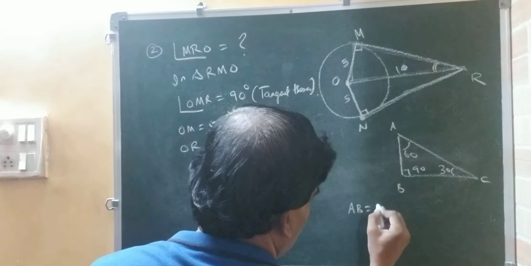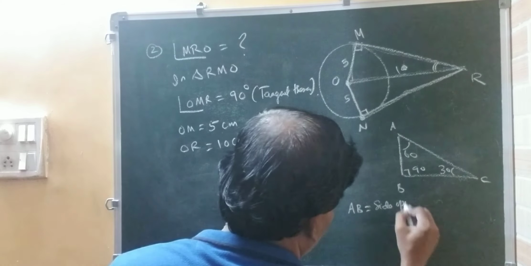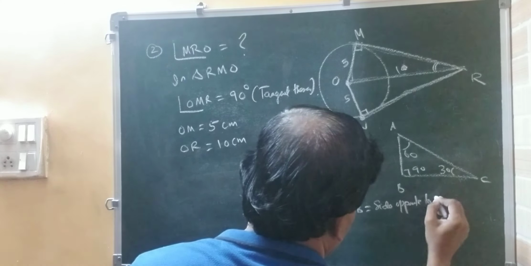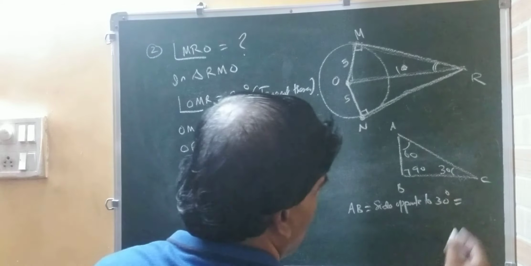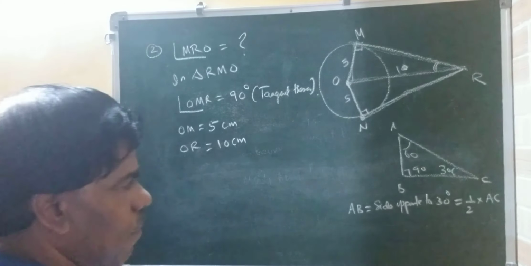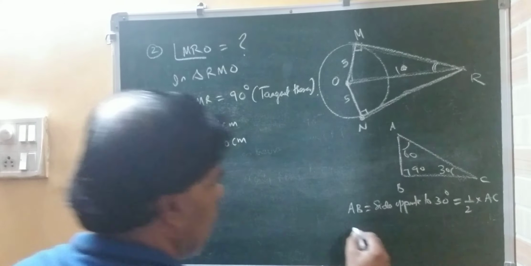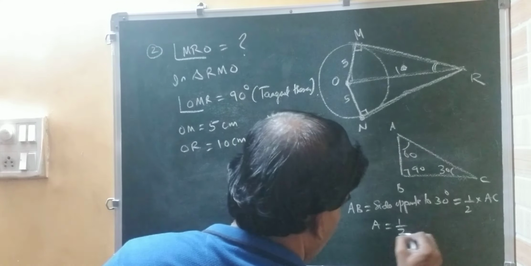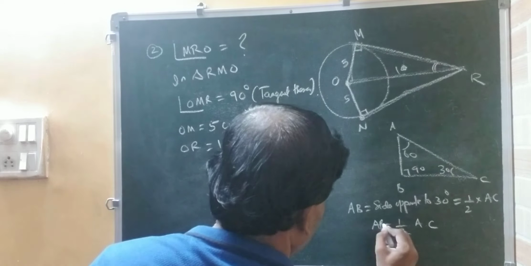AB means the side opposite to 30 degree. What is the formula? 1 by 2 into hypotenuse AC. So now listen, AB equal to 1 by 2 into AC.